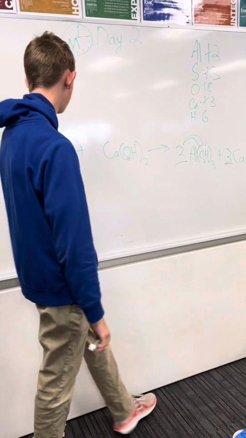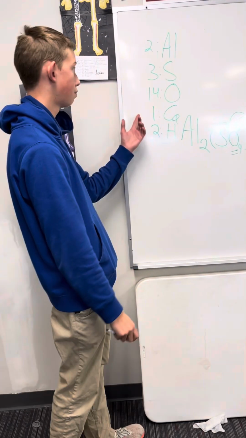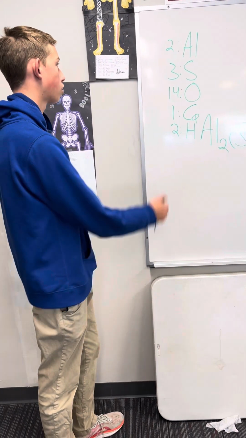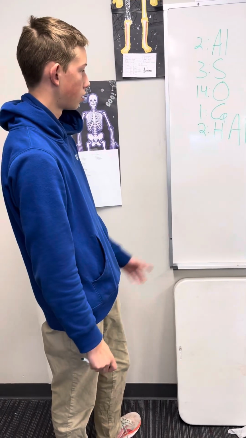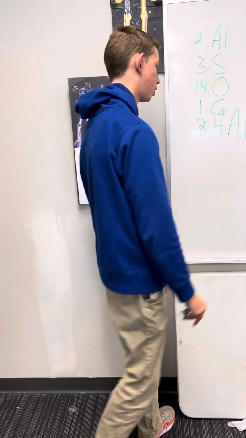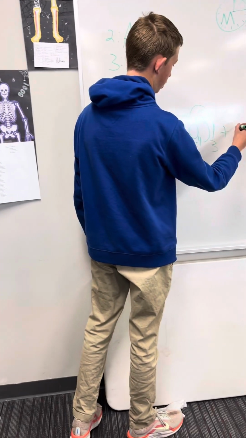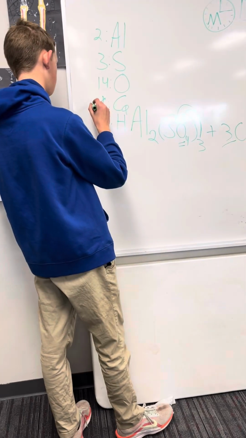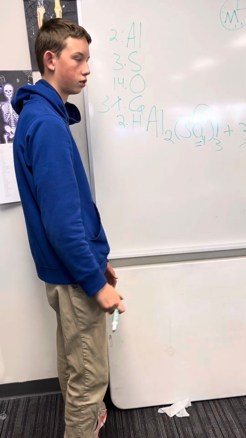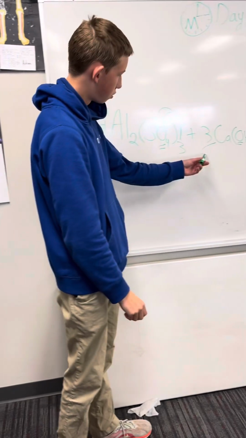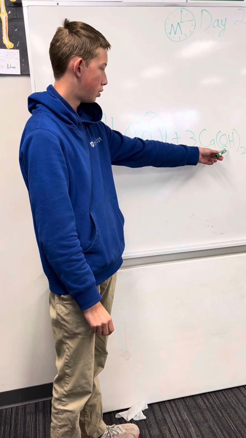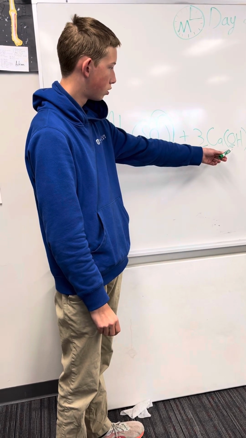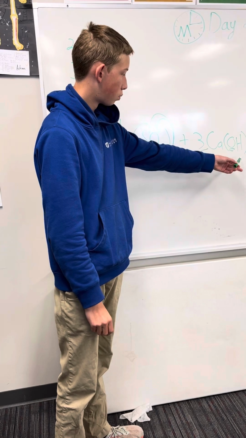And 3 calcium. Now our calcium doesn't match over here, but our sodium and aluminum match. So we need to add 3 over here so our calcium matches. This 3 also goes to our oxygen, which is times 2, so it would be 6 oxygen and 6 more hydrogen.